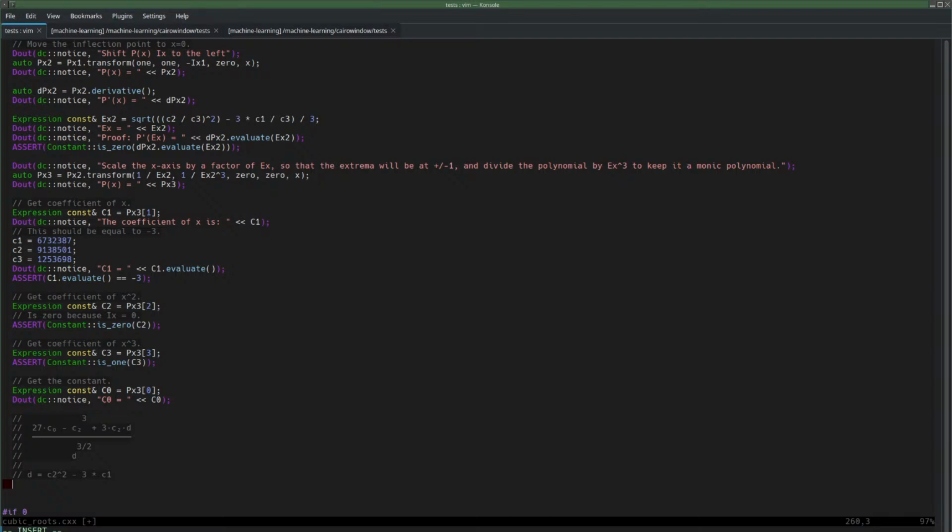Okay, let's create that D. T2 squared, -3 times C1, and then create that, which should be equal to C0.